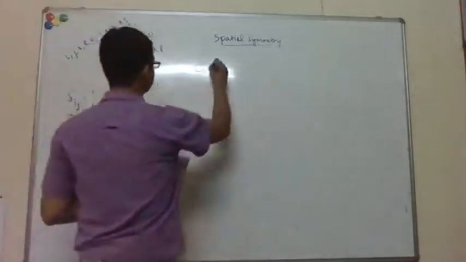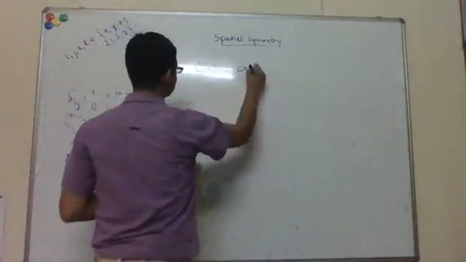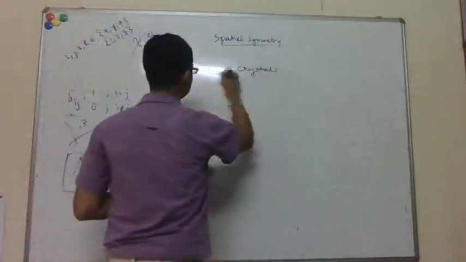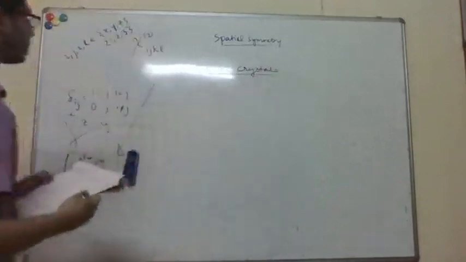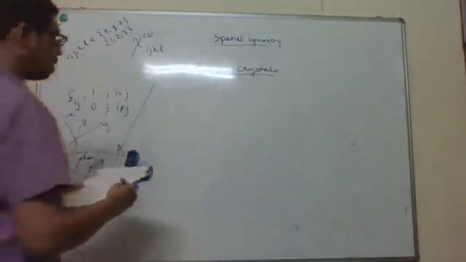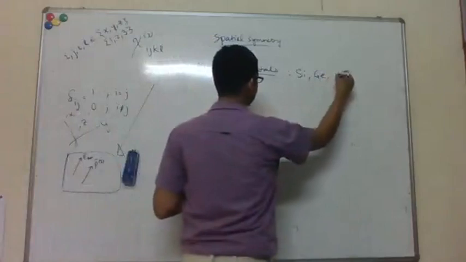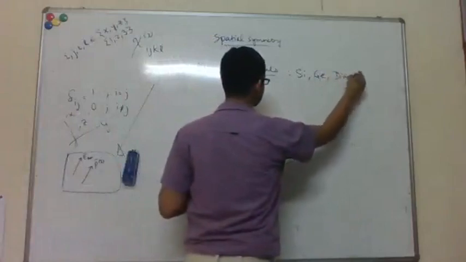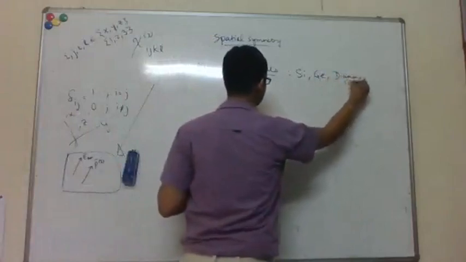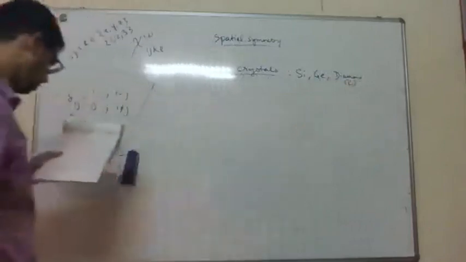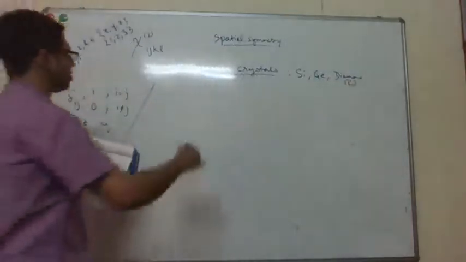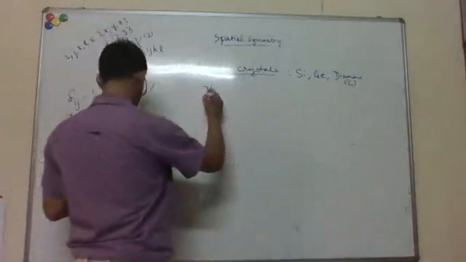So another important class of materials are called cubic crystals. Examples are silicon, germanium, diamond. So here there are 4 independent elements.